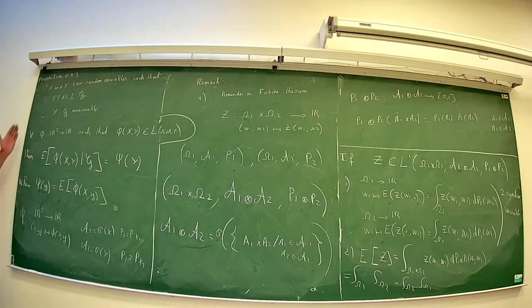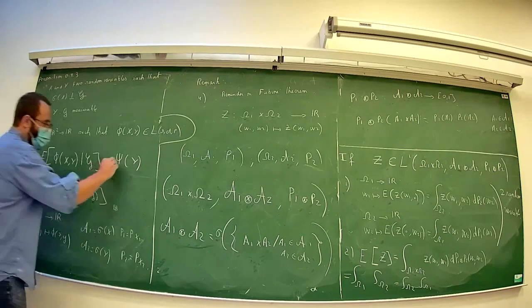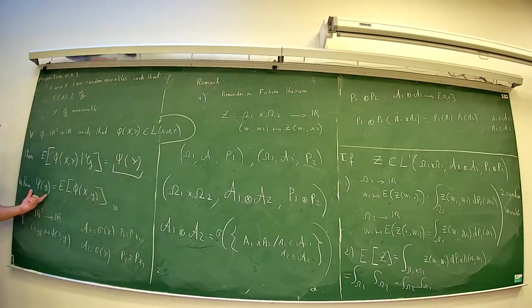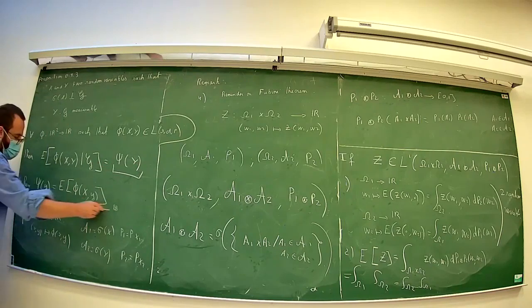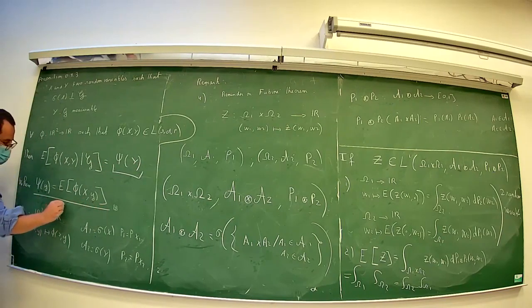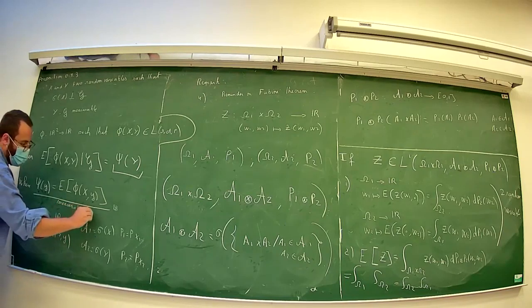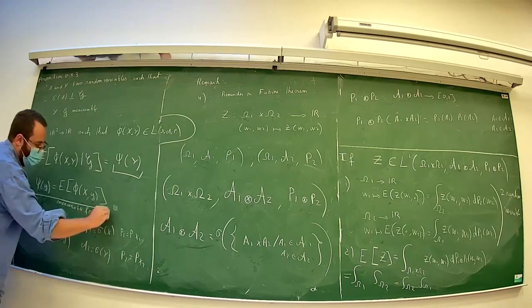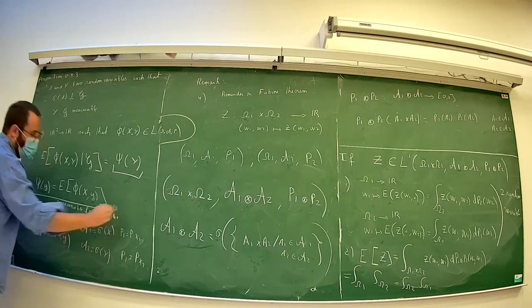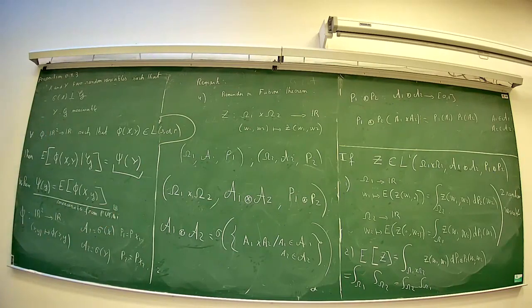So when I am in this situation, from the definition of psi, this one is measurable, in fact, from Fubini. I will do the proof of this one next week.